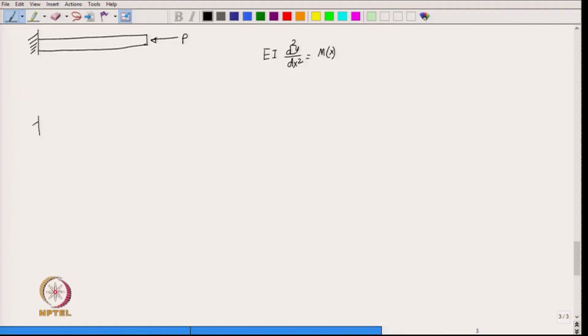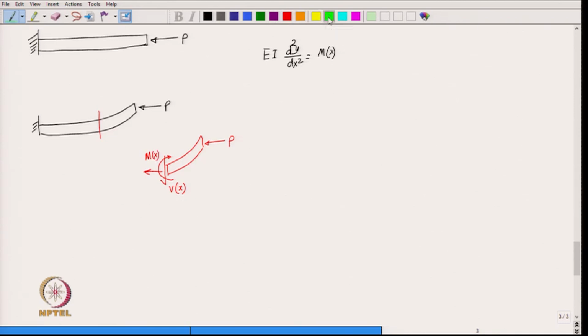Okay. So, we have to first find the bending moment profile. So, let us suppose the beam has buckled or it has bent, and we have this force P acting here. So, to find bending moment at any x, we have to cut a section of the beam and analyze the cut part of the beam. So, we have this force P here, and at this cross section we have shear force acting downward V of x, then axial force, and we also have bending moment M of x, correct.